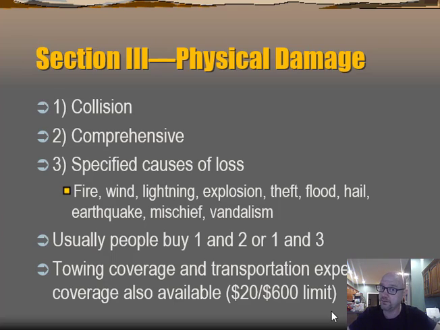It's really, you could buy collision and not comprehensive, but that's weird. Normally you're doing this because you can't afford to replace the cost of the vehicle out of pocket. So I mentioned before, our business, we specifically decided to retain the physical damage losses of our vehicles because we had a lot of trucks, but none of them were really particularly valuable.